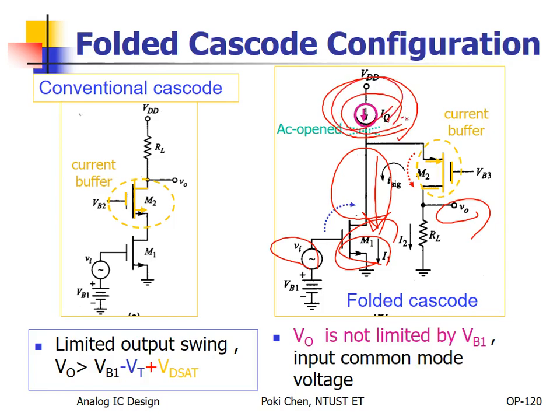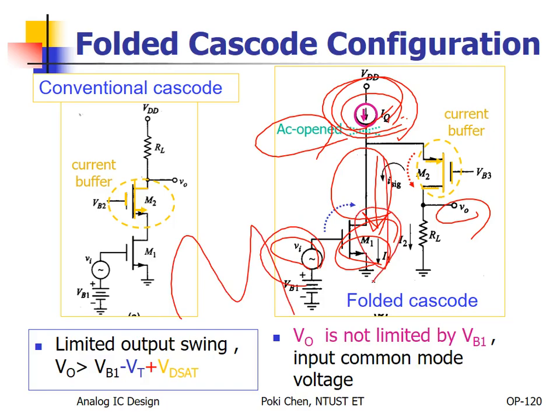This is DC. DC means what? Its current, in theory, is never changed. So it is AC open, right? Bingo, that is what we need. That is all AC open. It means all the AC voltage is converted into AC current. The AC current cannot flow through IQ.